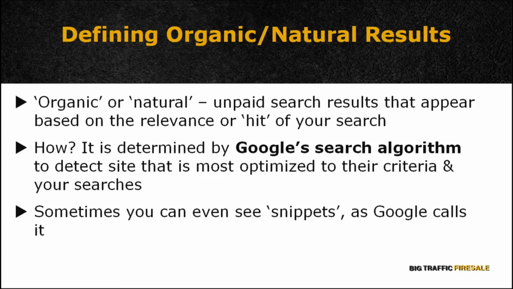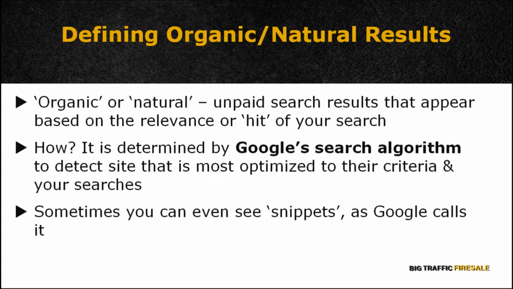These results are determined by Google's search algorithm to detect the site most optimized to their criteria and your search. Sometimes you can even see snippets, as Google calls it, from an optimized site. What is the algorithm behind Google search for SEO, you ask? We will uncover that during our special step-by-step on how to optimize your site.